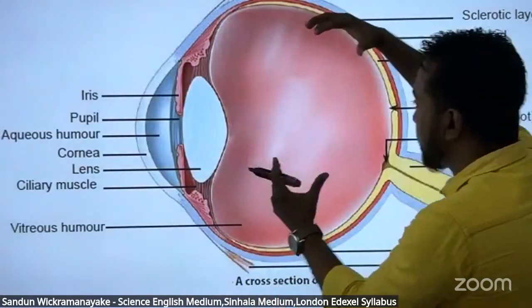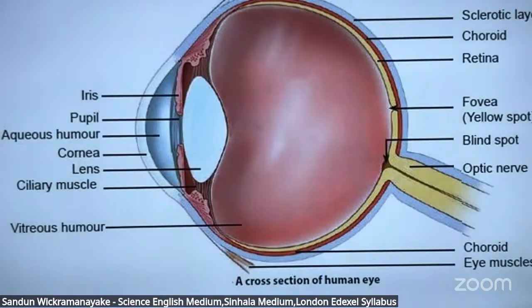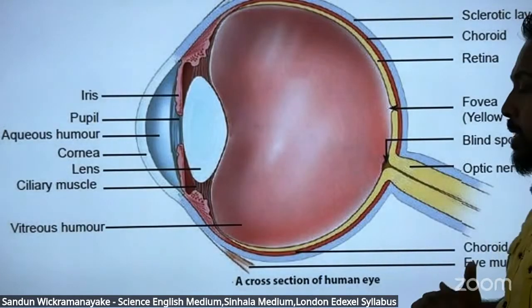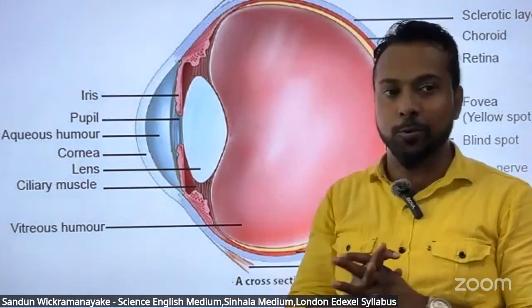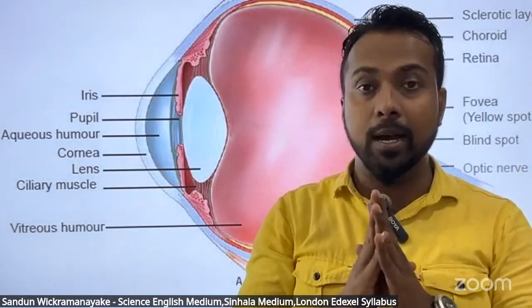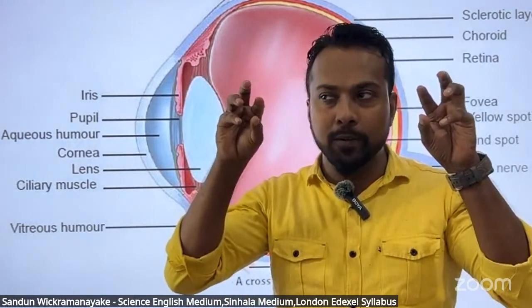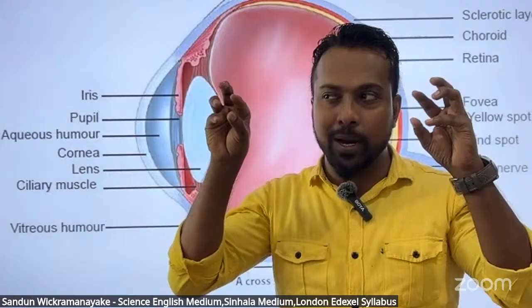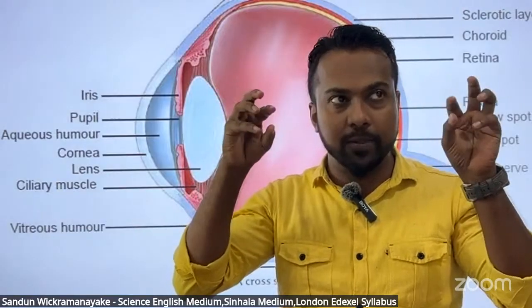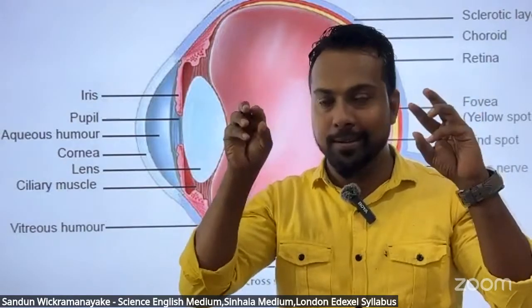It is connected with 6 eye muscle tissues, right? 6 eye muscle tissues. So we can move these 2 eyes to the right side or the left side, up and down, and we can circulate like that, right?